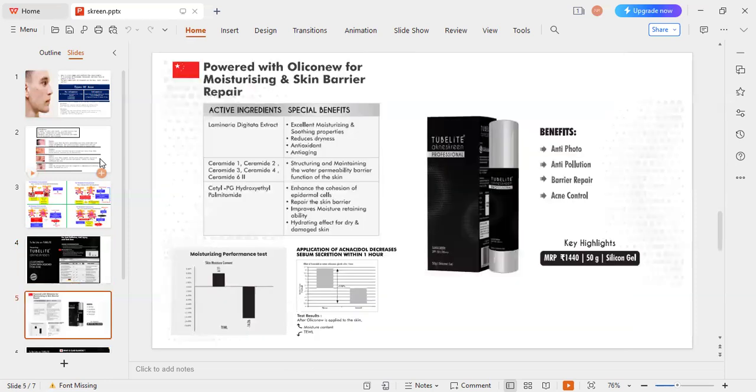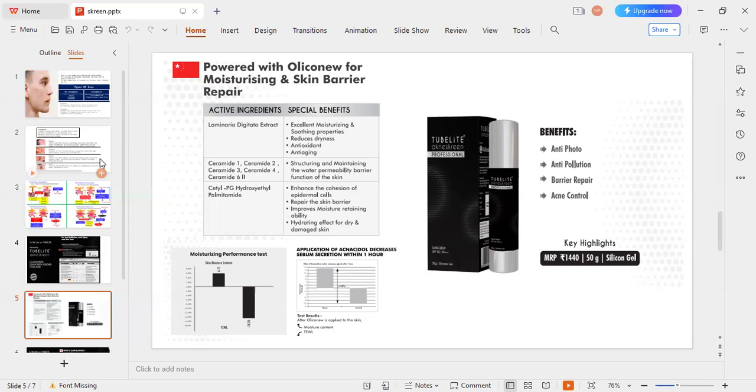Along with acne control and ultraviolet radiation protection, we have OleoQ, a major part of TUBELiTE AkneSkreen, which is for moisturizing and skin barrier repair. Under OleoQ, we have Laminaria digitata extract, ceramide 1, 2, 3, 4, 6-2, and cetyl PG hydroxyethyl palmitamide. All these three ingredients together make OleoQ, which is an excellent moisturizing ingredient.